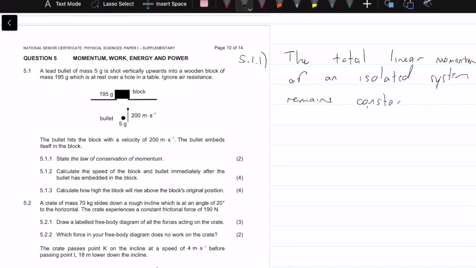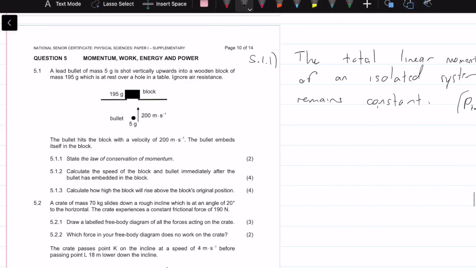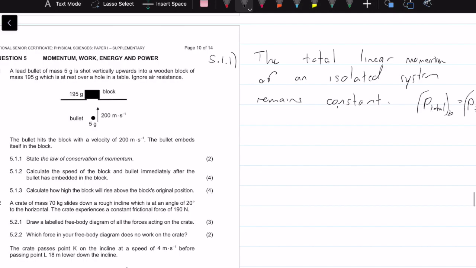And what does this tell us in terms of an equation? You don't have to put this in your definition, but it's telling you that the P total before is equal to the P total after, where P is your momentum, or P is your m times your v. Cool stuff.